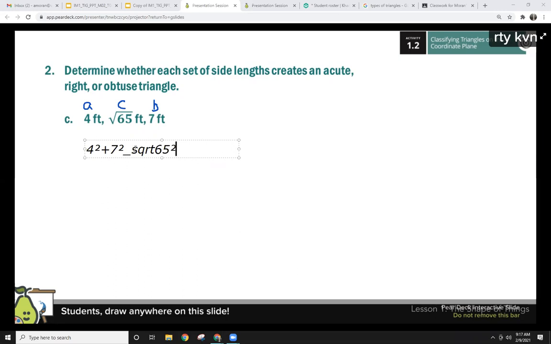Okay, so the square root and the square, they cancel each other out. So if you have something like 4 to the second power, well, 4 to the second power is equal to 16. And then what's the square root of 16? Well, the square root of 16, that would be 4.